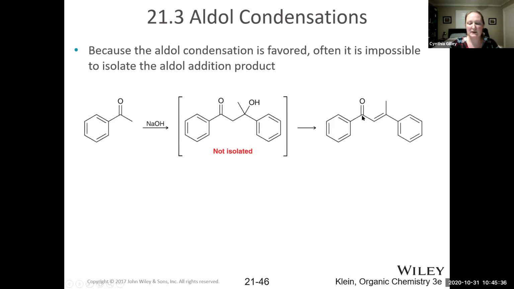There's p orbitals on the carbon and oxygen here, neighboring p orbitals on these two carbons, and then it's also in conjugation with this second aromatic ring. So there's an extended conjugated pi system, which is very stable. As a result, this readily converts to the condensation product, even without heating the reaction.